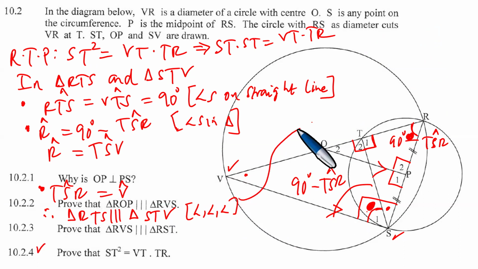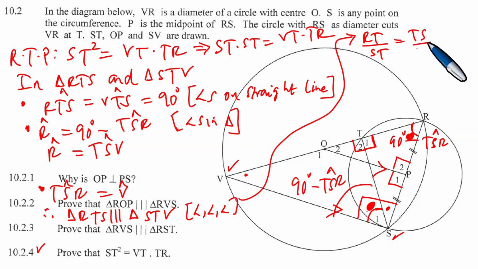When you get to this part, this means that RT over ST is TS over VT.